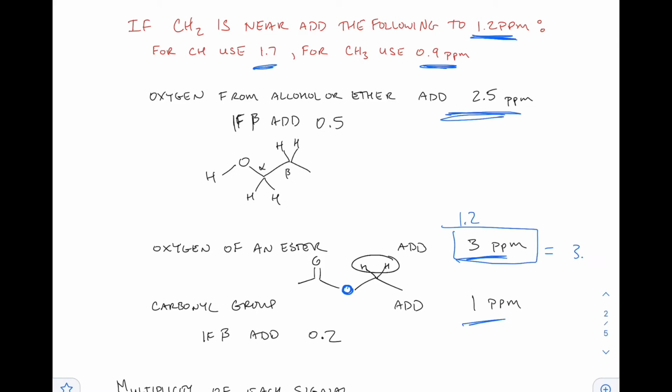Whoa, what am I doing? Yeah. 3 plus 1.2 is 4.2 ppm. And so this is definitely an approximation, okay? And it actually works pretty well. You're going to get fairly close.